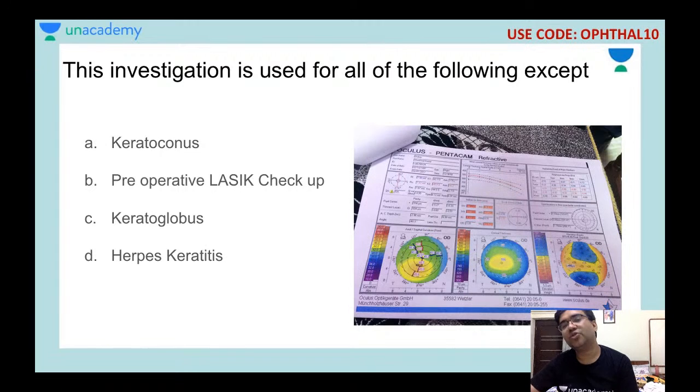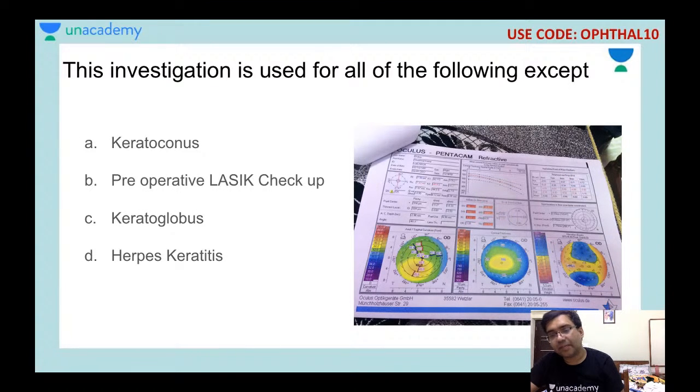The investigation is used for all of the following except. Your options are keratoconus, preoperative LASIK checkup, keratoglobus or herpes keratitis. So this investigation which you can see here is a Pentacam. In the Pentacam, what you can see is the anterior corneal curvature as well as the posterior corneal curvature.